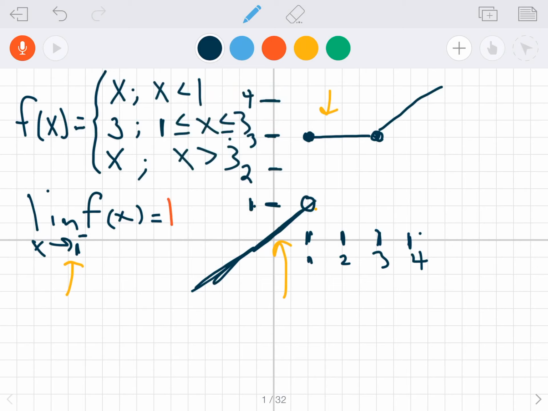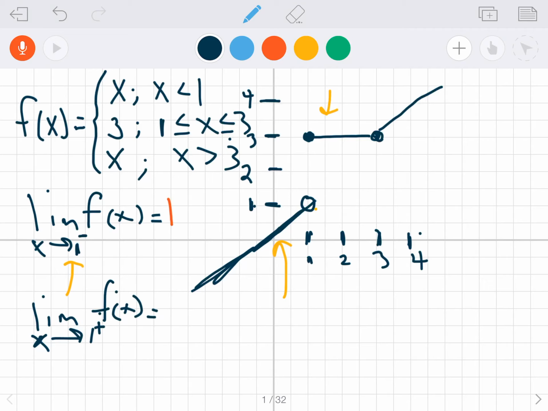Now, let's go on to another question. Let's pose a question: the limit as x approaches 1 of the function here. And this time I want to say from the right. And what does it equal? So now we're back to the top part. From the right. So we start right, go left, and we get to 1 and we stop.